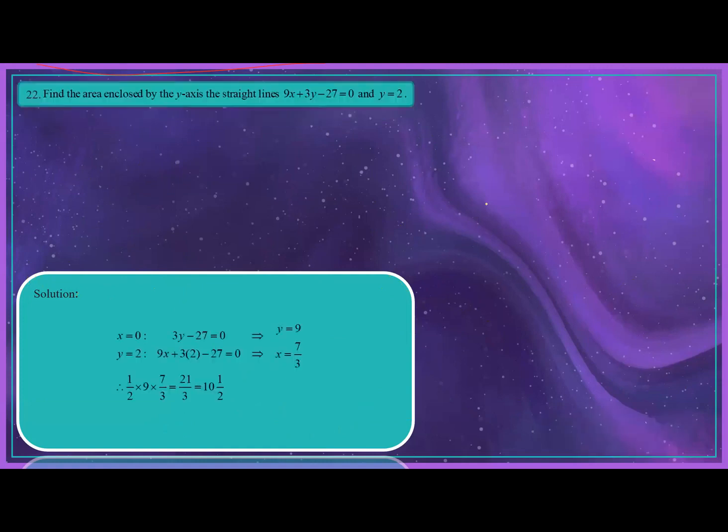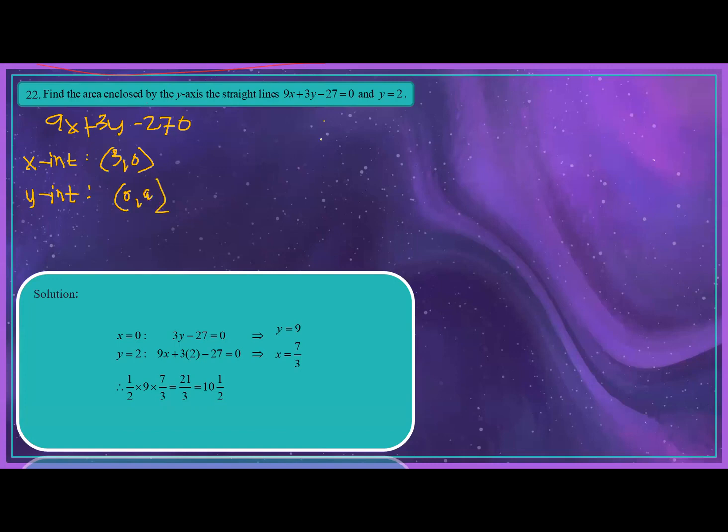Find the area enclosed by the y-axis, the straight line 9x + 3y - 7, and y equals 0. Basically we need to find the intercepts of this line. The x-intercept is (3, 0) and the y-intercept is (0, 9).